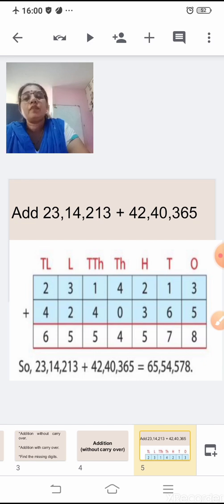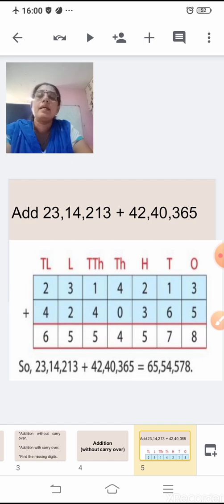So in this sum you need not carry over; the carryover is not there. You just have to add the first addend with the second addend. In the last class I already told you the numbers which are to be added are called addends, and the result you get is called the sum.